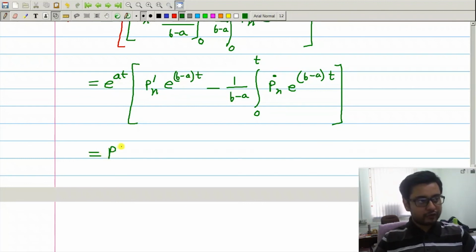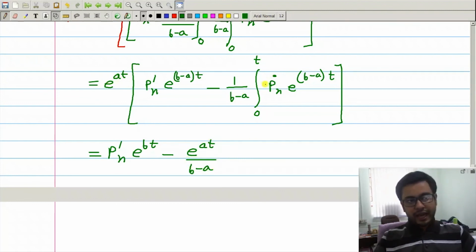So I will have P prime n, then e to the power minus a plus a will cancel and bt will remain. Then this term 1 by (b minus a), and then I have to integrate this term, and I will apply integration by parts once again.